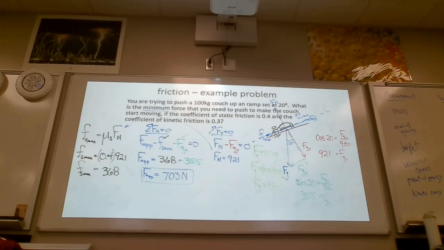Okay. Lots of little steps. Each step isn't complicated, but there are many of them. They're all over the place. Please set up the problem. Please be organized.